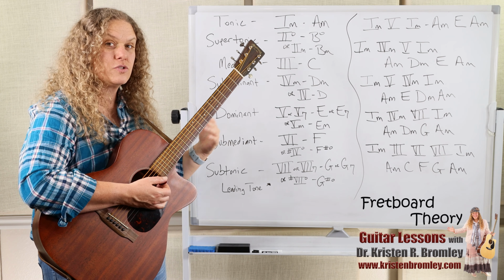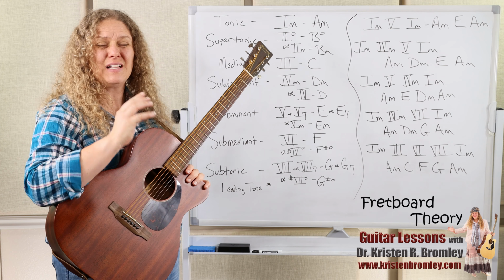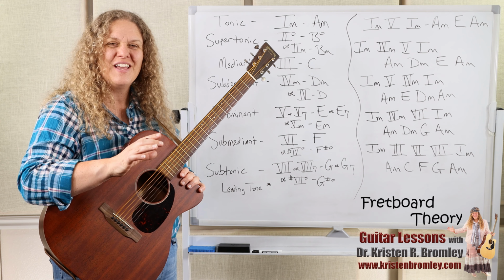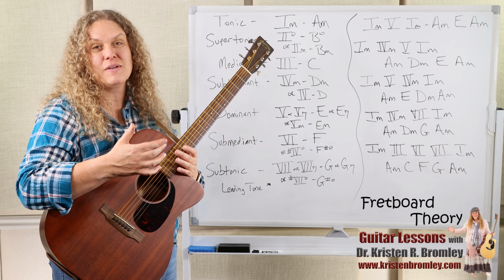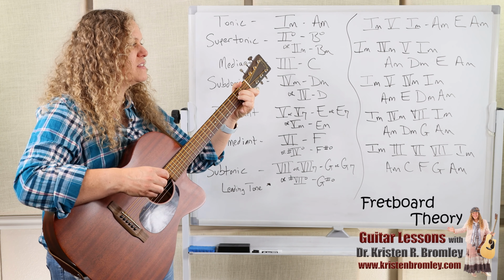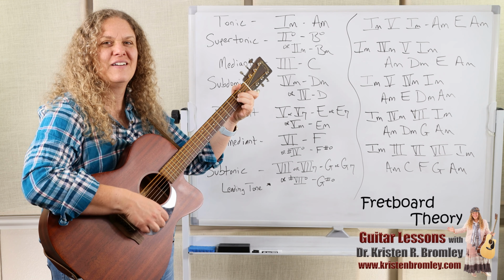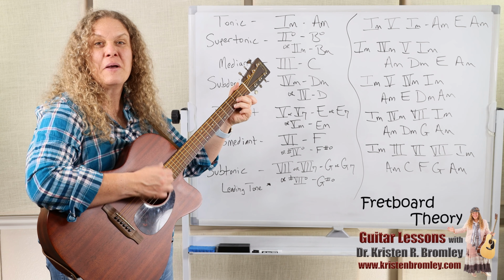Now if we go on to the next one, we've got that 1 minor to a 5 to a 4 minor to a 1. So that 1-5-4-1 movement doesn't happen, say, in classical music too traditionally, but in pop music or rock, jazz, blues, some of these places, sometimes we break these rules. So we might hear this sound too. So I'd have A minor to E to D minor back to A minor.